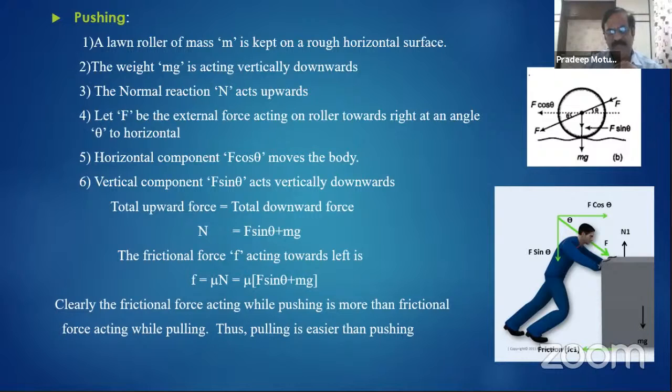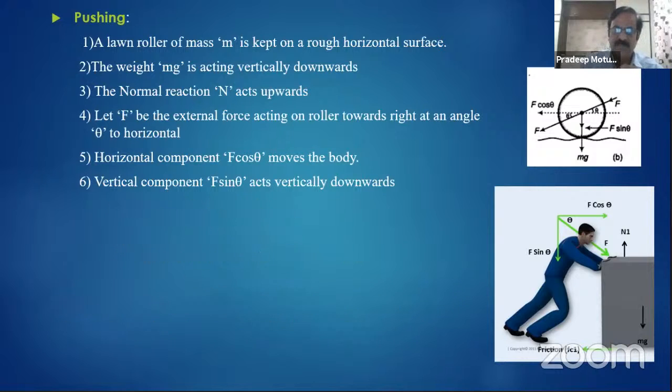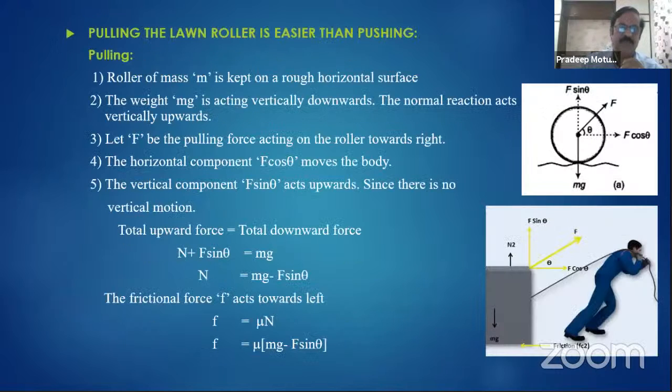If you observe these two values, one can easily understand that the frictional force acting while pushing is more than the frictional force acting while pulling. Thus, pulling is easier than pushing, right? So this is about why pulling a land roller is easier than pushing.